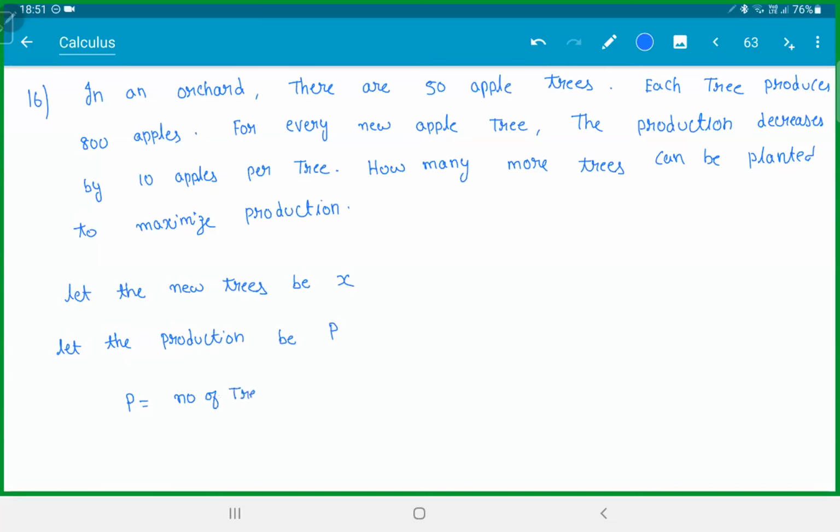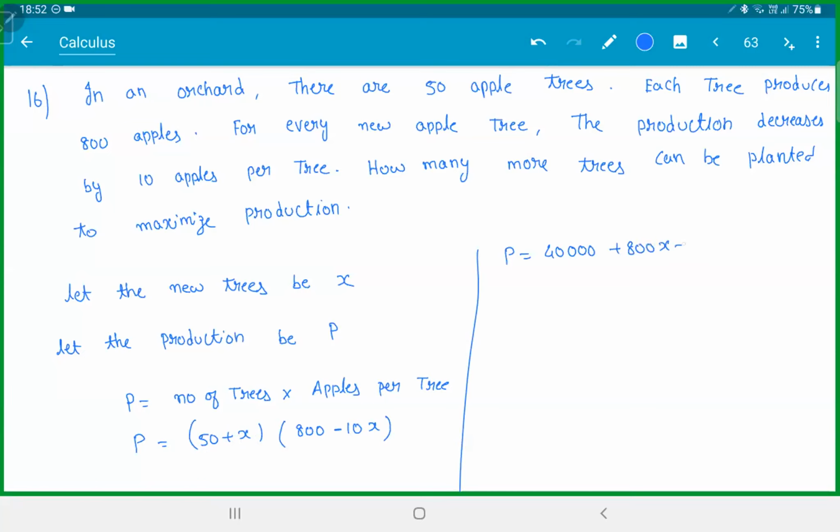Number of trees into apples per tree. So how many trees are there? 50 initially plus X. Normally you produce 800 apples. For every one tree, your production decreases by 10, so it is 10X. So we have created a quadratic, which is 40,000 plus 800x minus 500x minus 10x square.